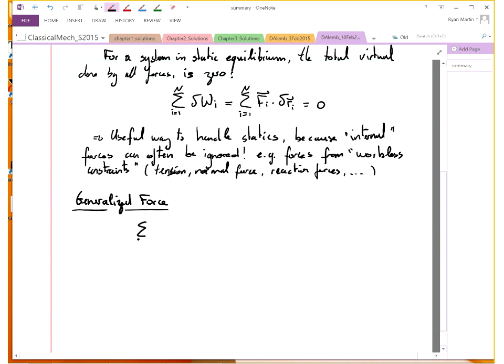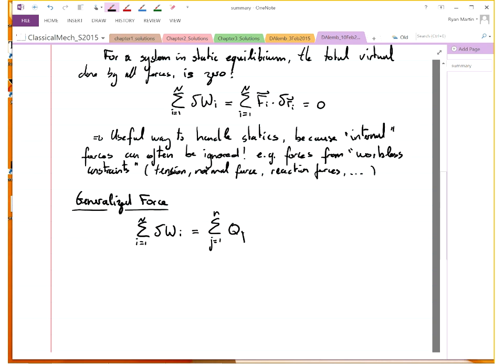So we wrote that the sum of all the virtual works, so the sum of the delta Wi's, we wrote that as a sum over the n generalized coordinates. So note the summation is over j from 1 to lowercase n.